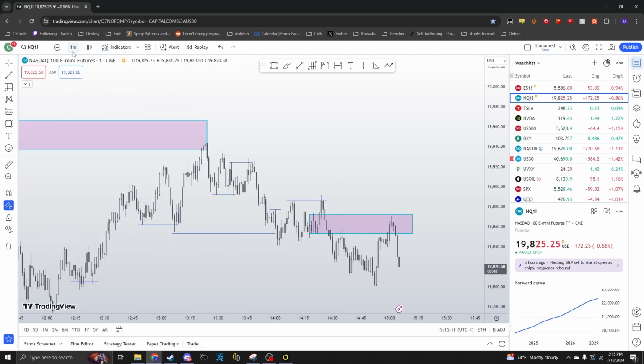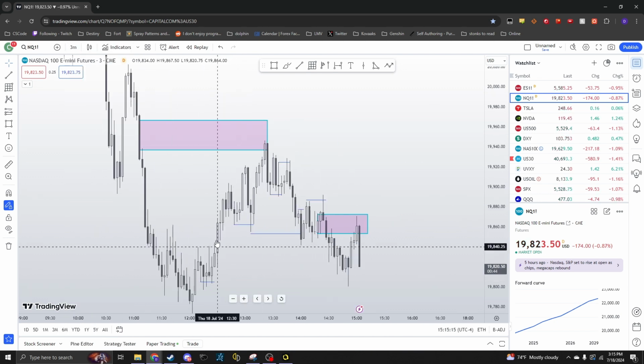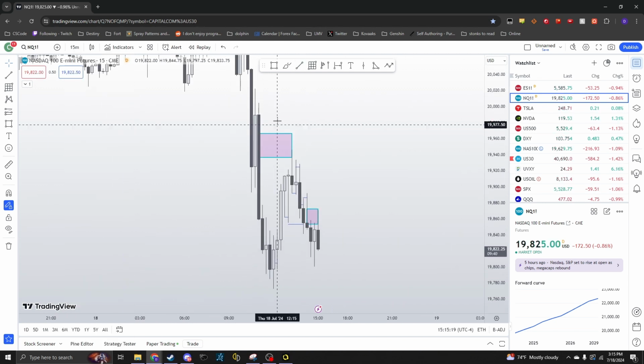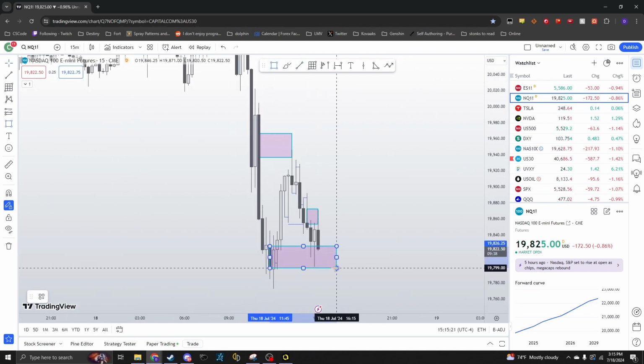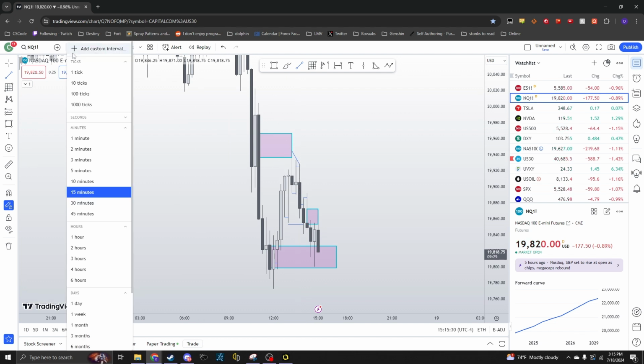Now, if you look at what would be the bullish case for it, you could say 15-minute bullish order block here, anything like that. Failure swinging highs stacked above to go for, right?